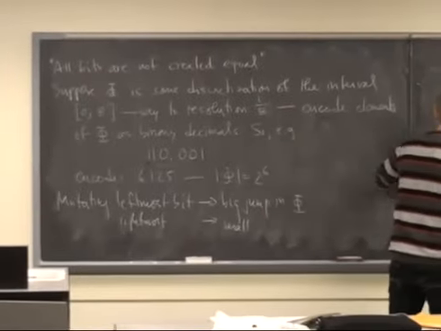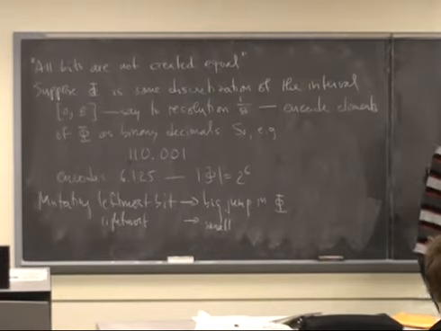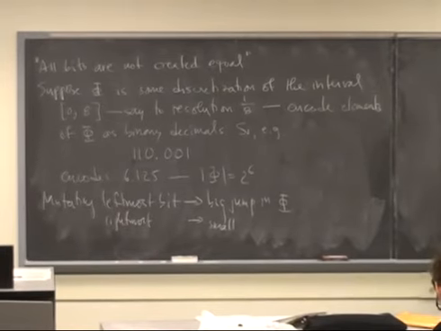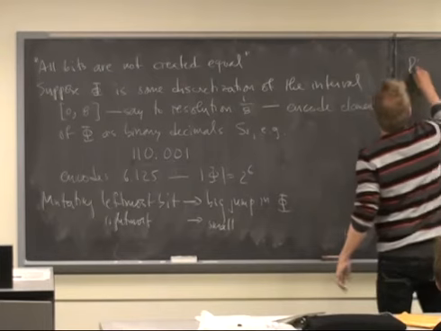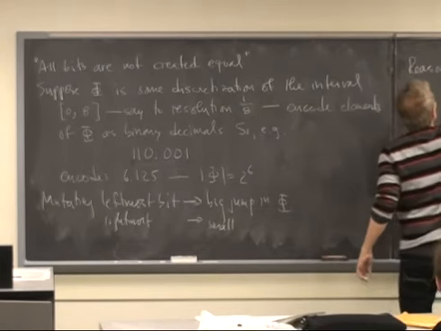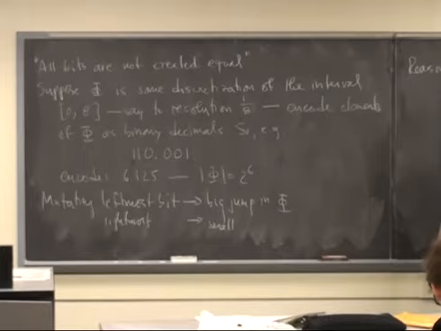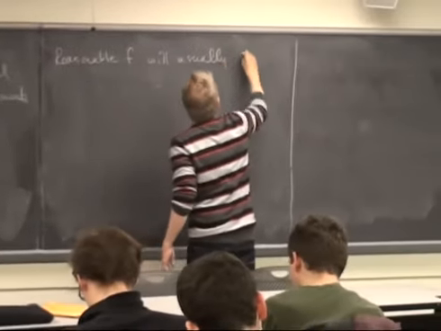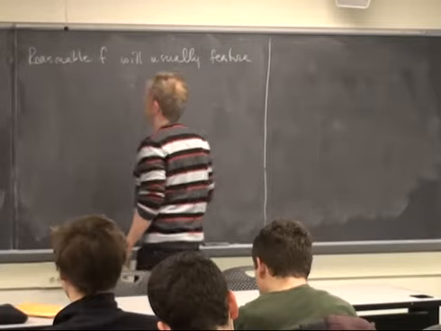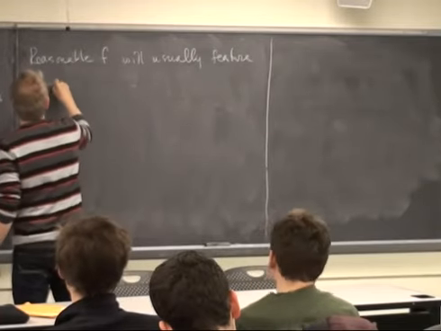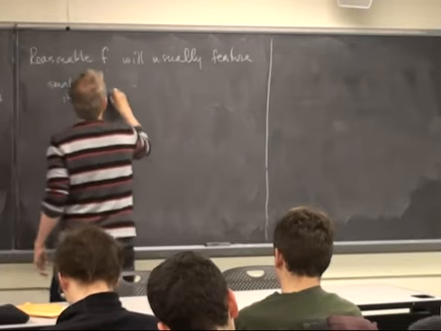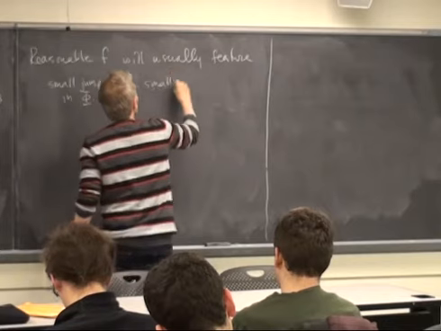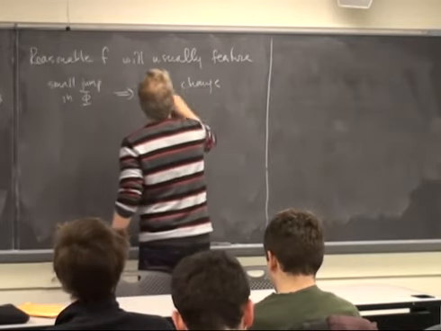Let me codify that just a bit. So reasonable Fs will generally have the following property: if you have a small jump in phi, then you're going to get a small change in F value.